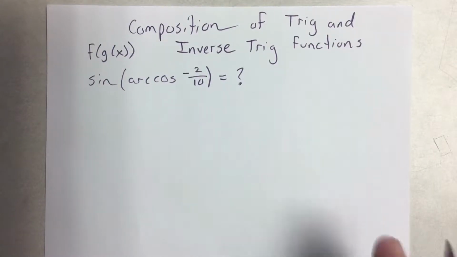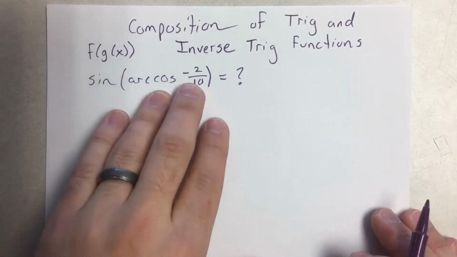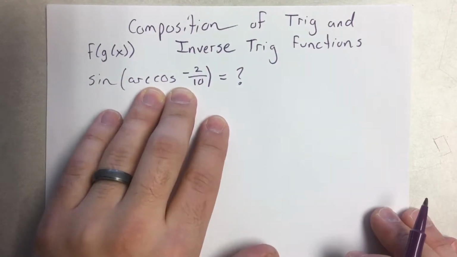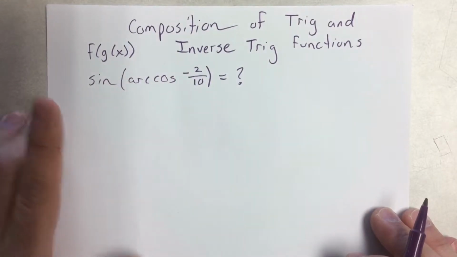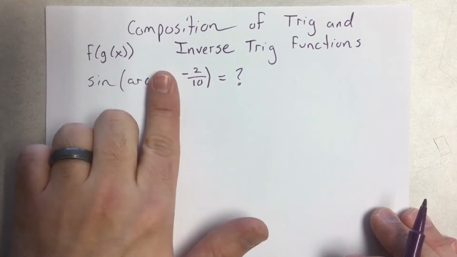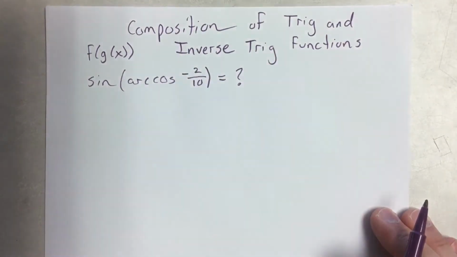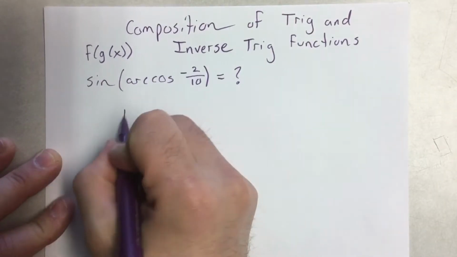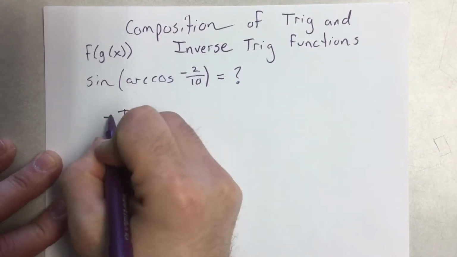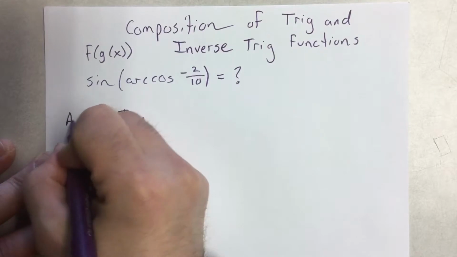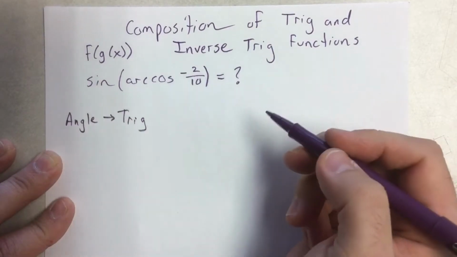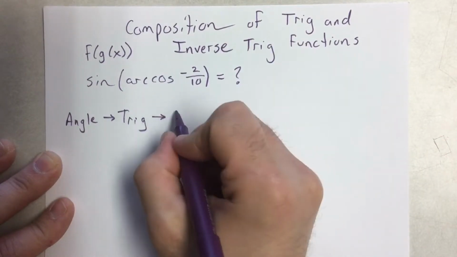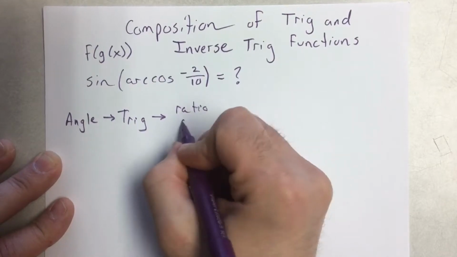So we need to remember that arc cosine is going to give us an angle measure, and then sine of that angle measure, we're going to get a ratio as a result. So from the previous lesson, we saw that with trig functions, we inputted into a trig function an angle, and as an output we get a ratio of side lengths.